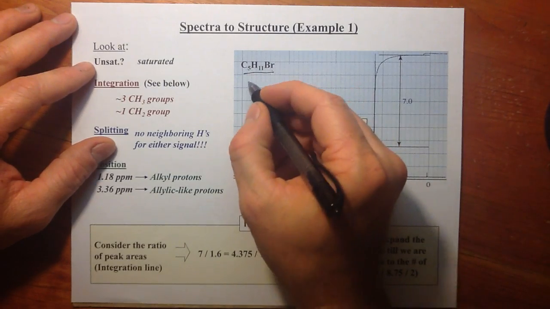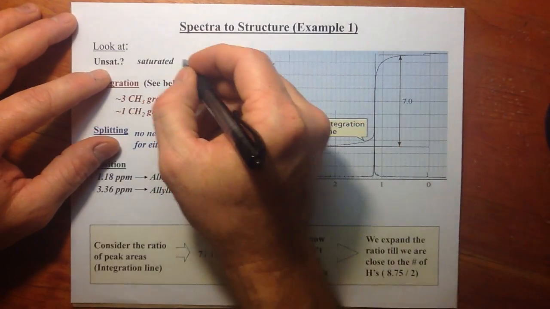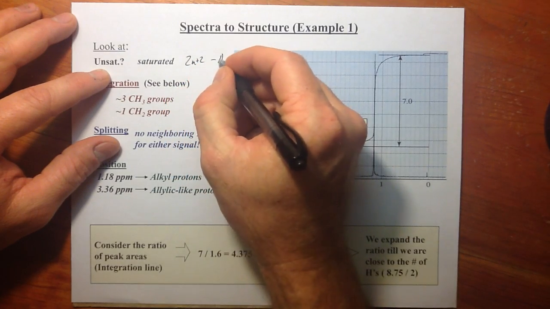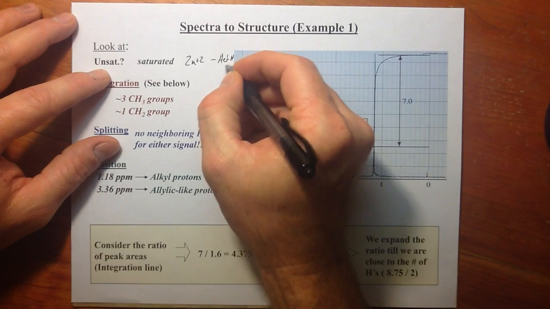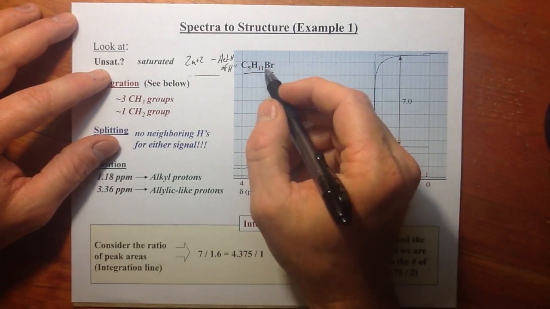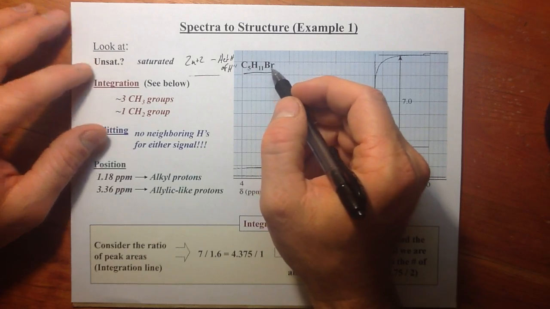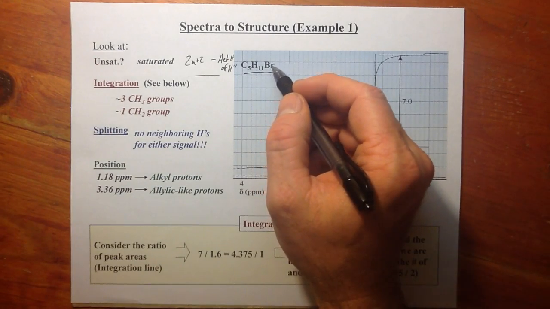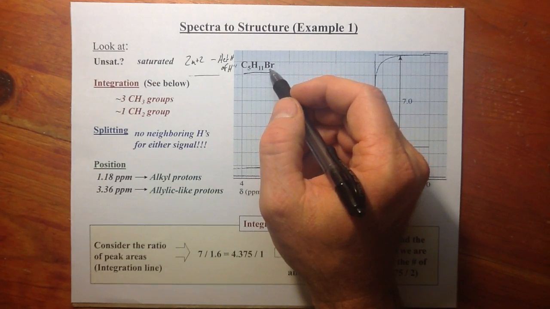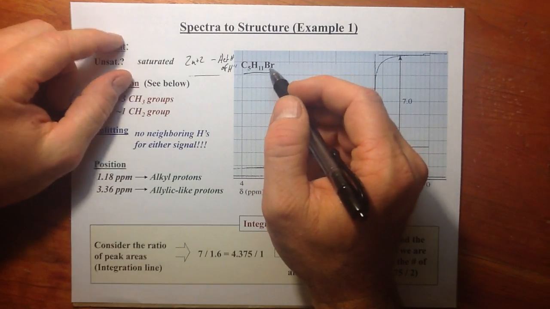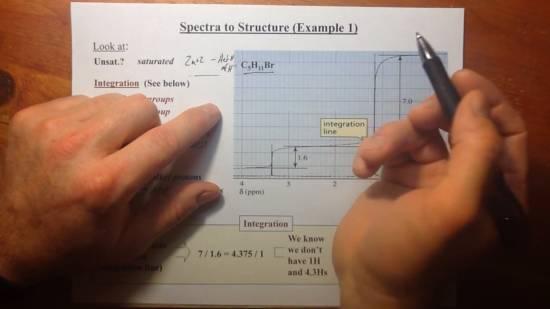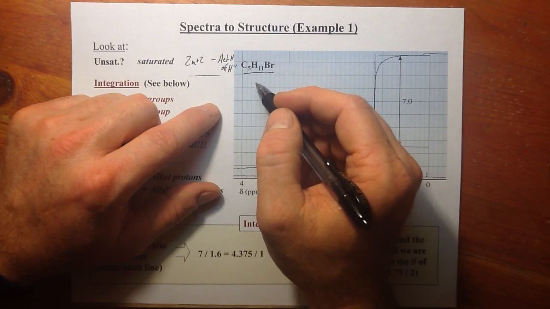How do we use the 2n plus 2 rule minus the actual number of H's if we have halogens? Well, we count them as a hydrogen because bromines, think about it, are on the end. They only have 1 bond, so if I wanted to put a bromine into any structure, I'd have to take a hydrogen off to put the bromine in.